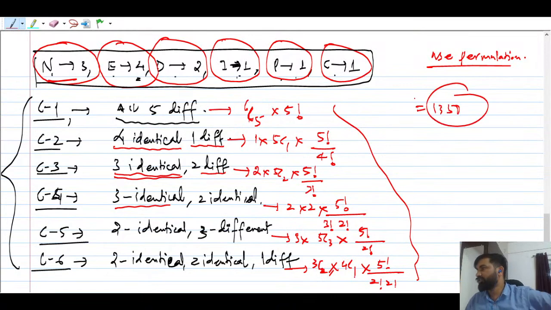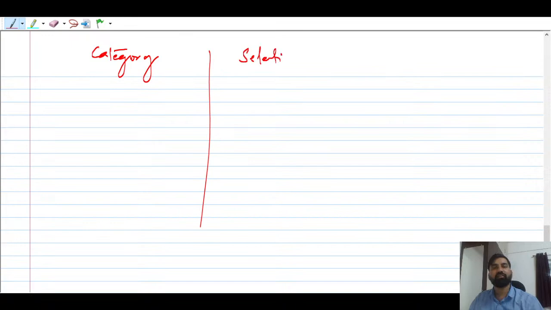So first of all, what you have to do, you have to select and arrange, right? So understand what the procedures are, right? So look, first of all you need to make the category here, right? And then you have to do selection. Then you have to do what? You have to go for permutation.